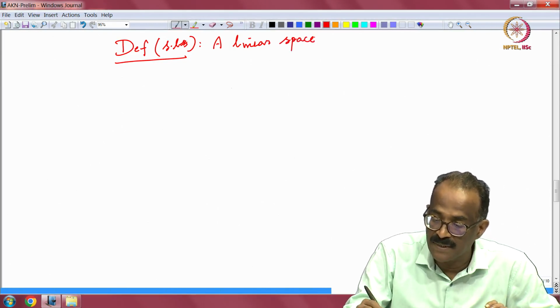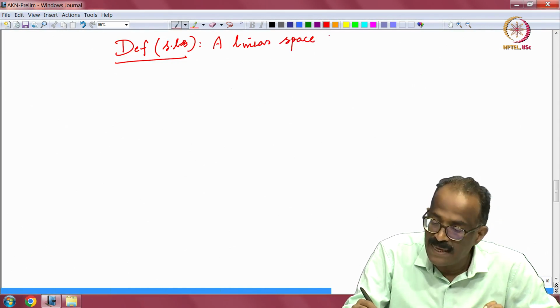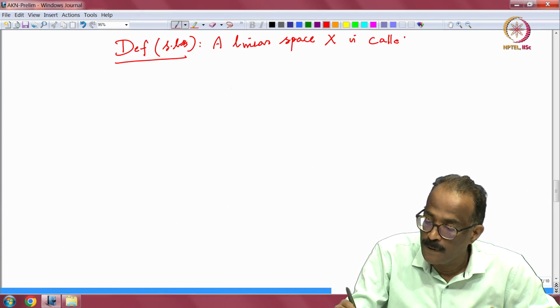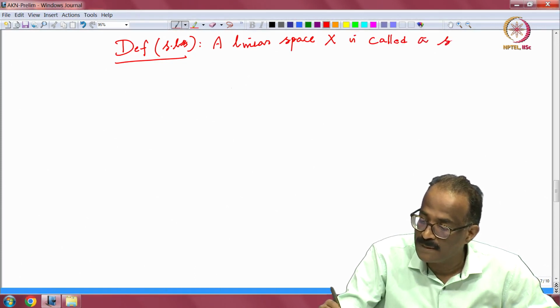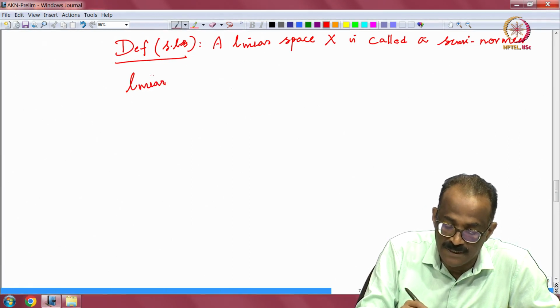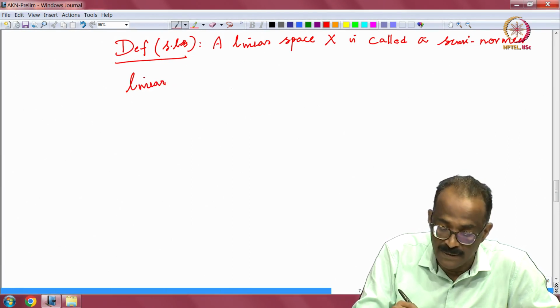A linear space X is called a seminormed linear space. Read the definitions carefully.